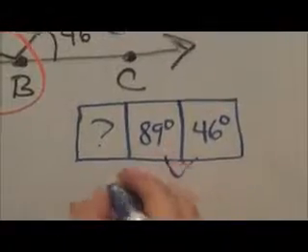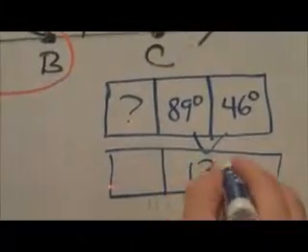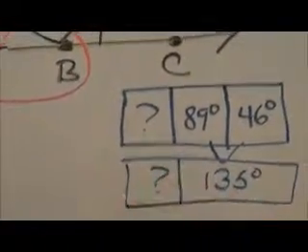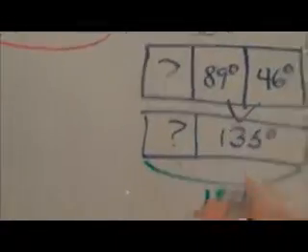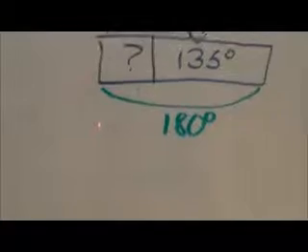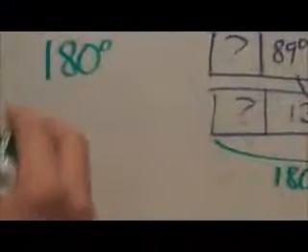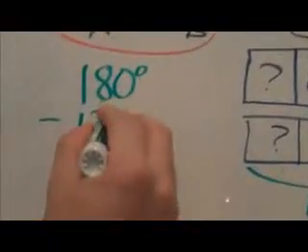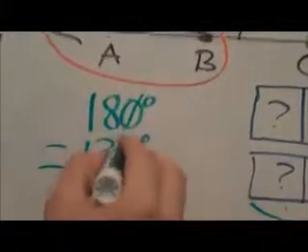If I go down to my old bar model, if I want to think of it this way, now I've got 135 degrees. I'm still missing this, but I have to realize that the whole thing is 180 degrees. So now I take my last step, 180 degrees minus 135 degrees. Cannot take 5 from 0, so I have to borrow a 10.